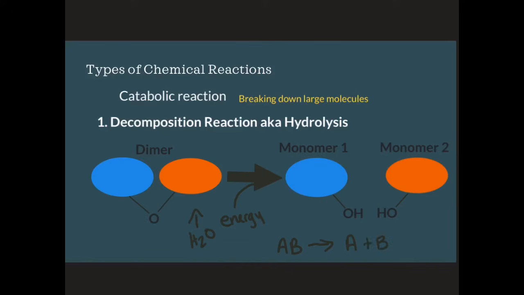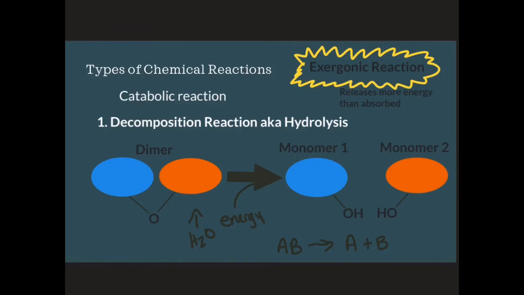So again, we're taking a large molecule and we're breaking it down into smaller pieces. This type of reaction is referred to as an exergonic reaction because they are going to release more energy than they absorb. The next type of reaction that we'll talk about is an anabolic reaction.